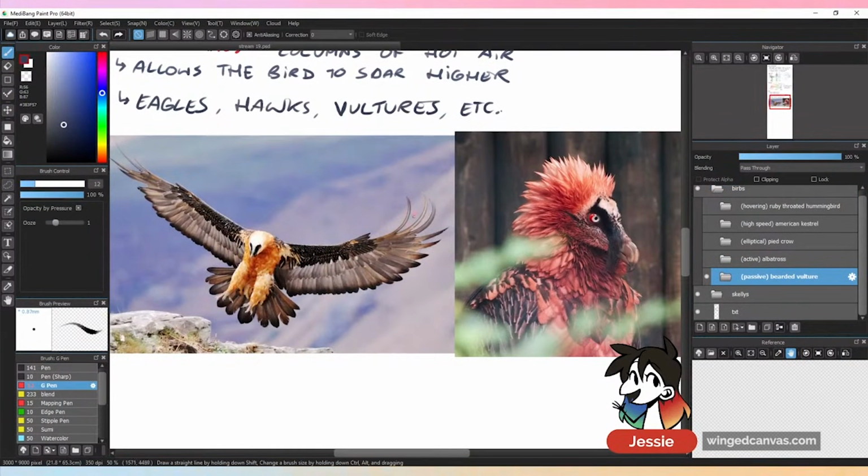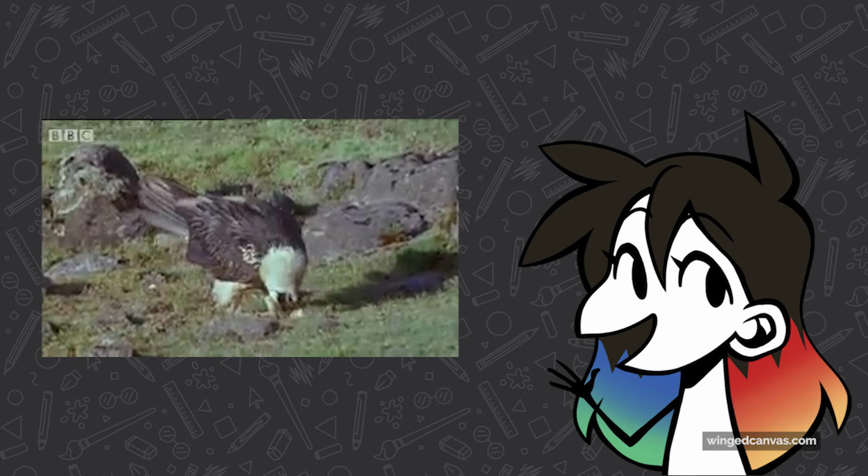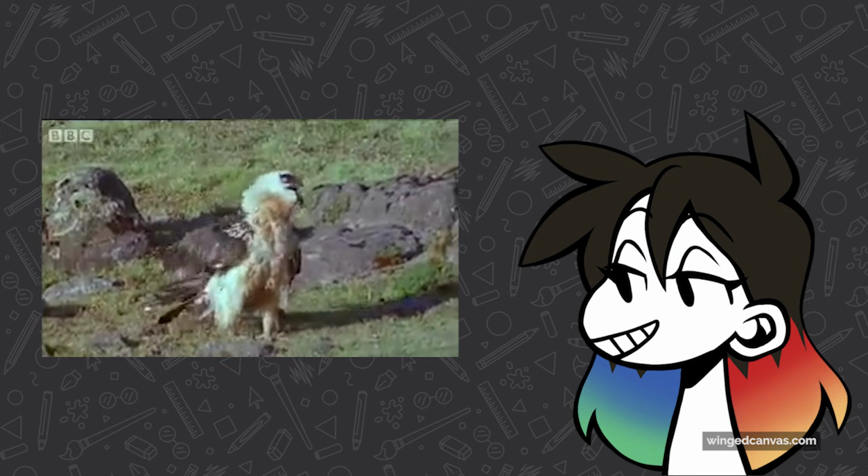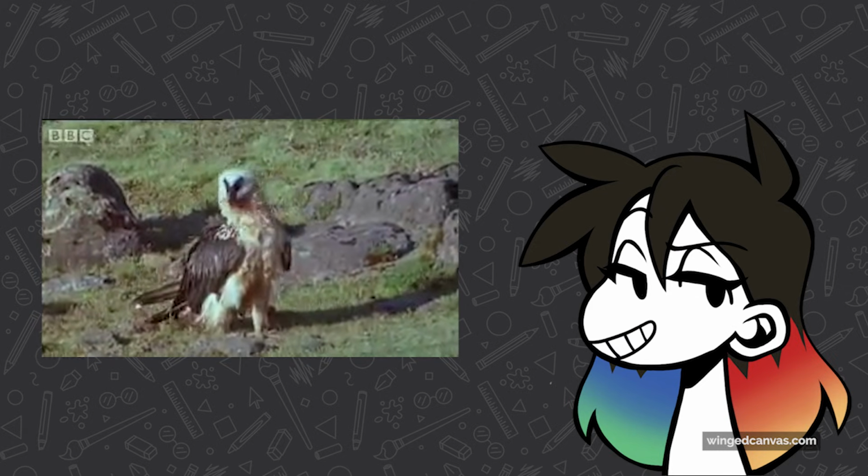You can see what I mean by those really big spaces between the feathers, right? Especially over here, you can look between the primaries of this bird, and they're really, really far apart, and that really helps it soar very, very large distances, or very, very high. This bird is also known as the bone-eating bird because it will eat bones. This bird is hardcore. I love the bearded vulture.